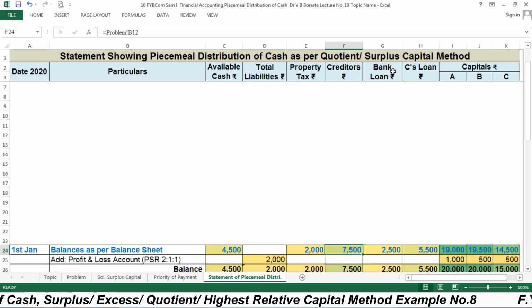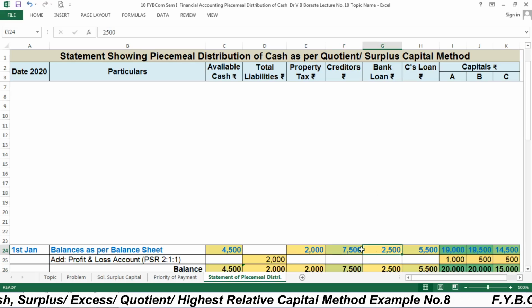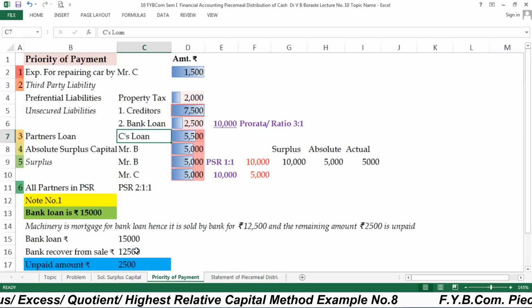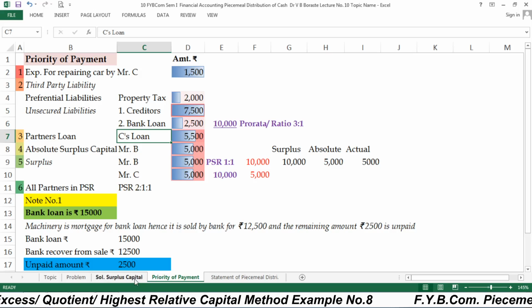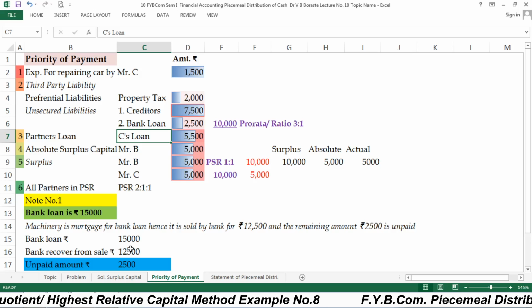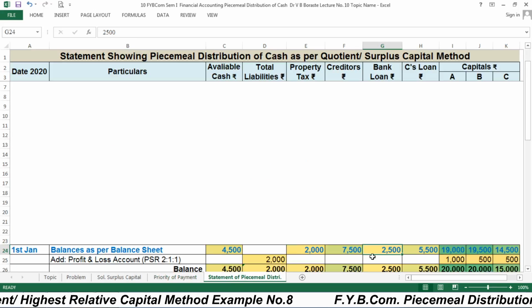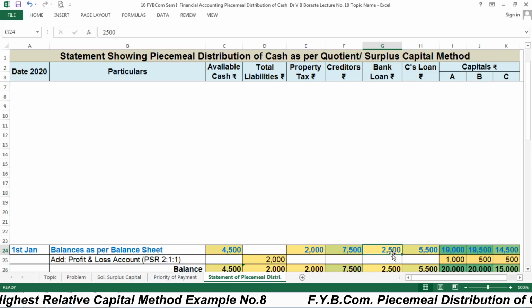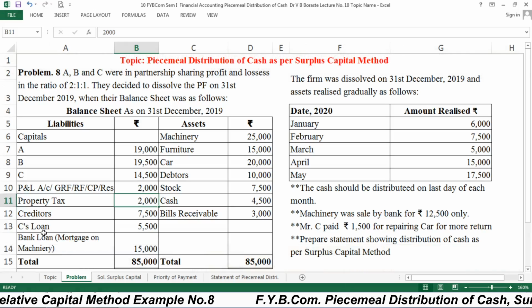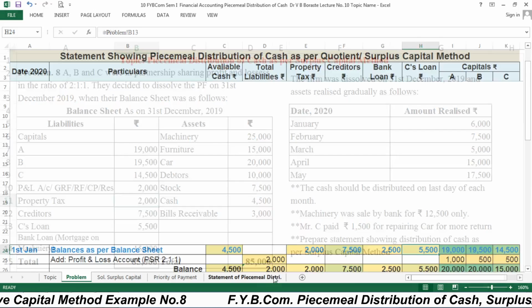So we will prepare bank loan here. Bank loan is 2,500. As I mentioned earlier, you have to pay only 2,500 as bank loan, as the bank already recovered 12,500 out of 15,000. So we just put here only 2,500. Then C's loan, that is partner's loan, here is C's loan 5,500.